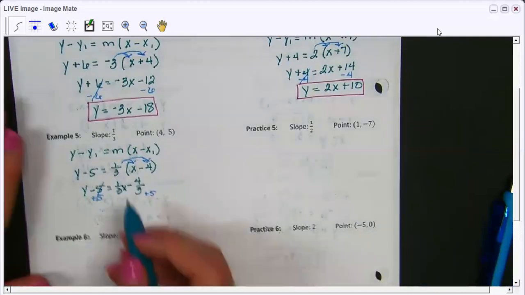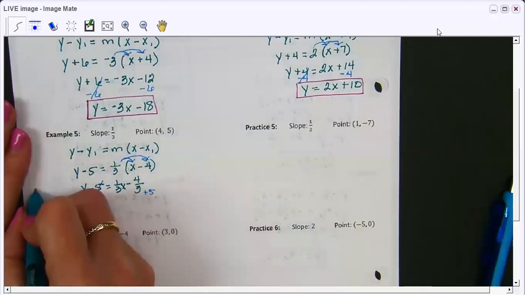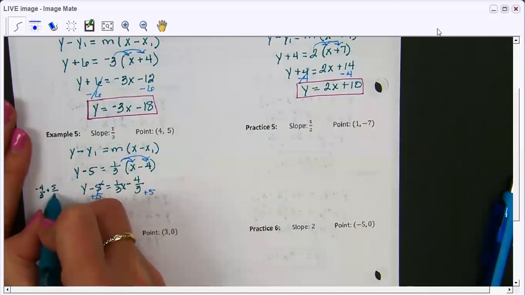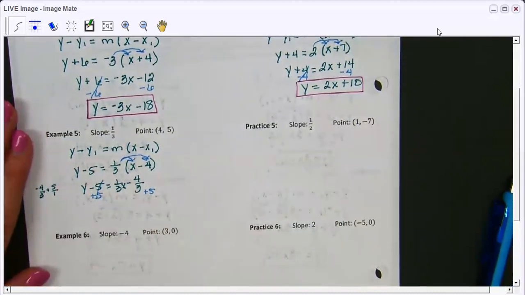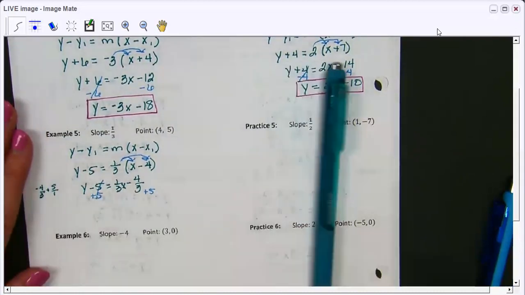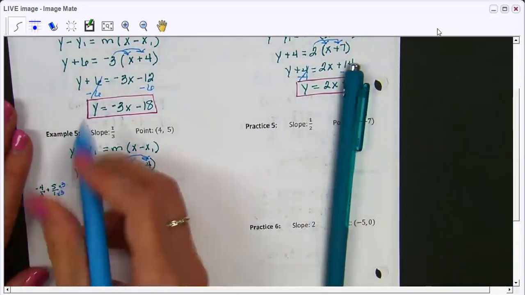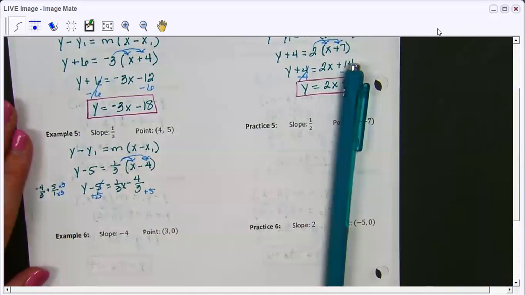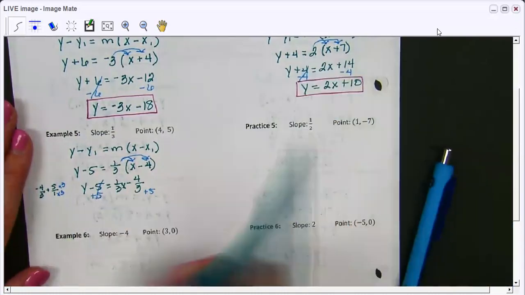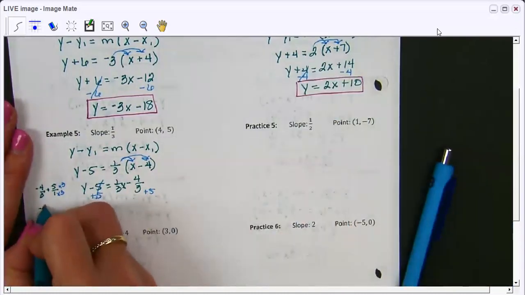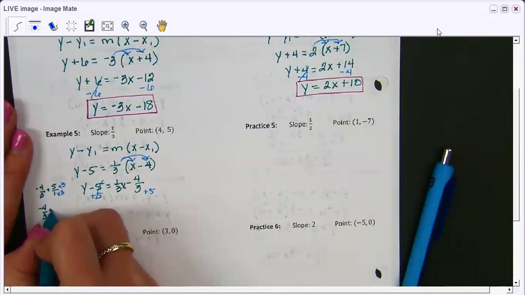Okay, so now what I have, and I'm going to bring this over to the side, is I have -4/3 plus 5/1. And I need to make common denominators. So I multiply the top and bottom, the numerator and the denominator of 5 by 3 so that I can have common denominators. So I have negative 4/3 plus 15/3.